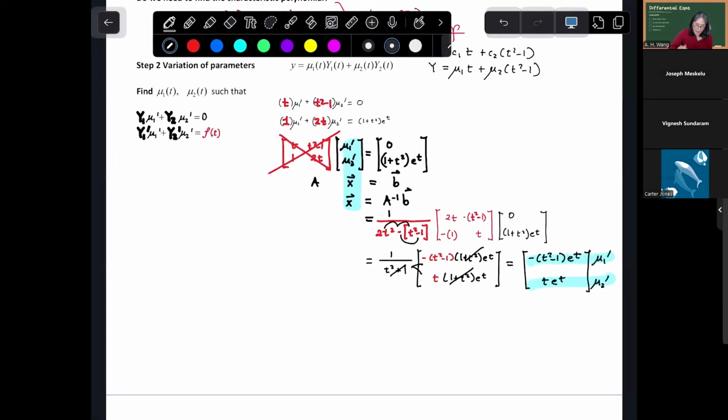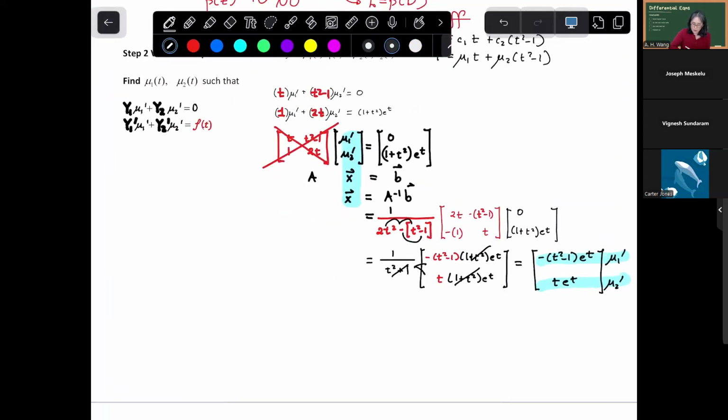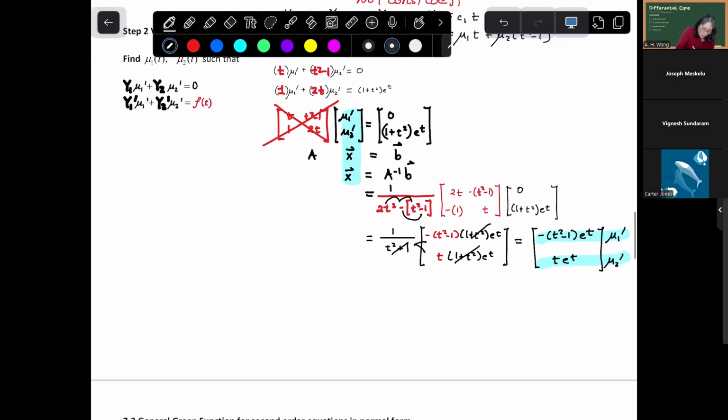Okay. And now what you do is you go ahead and you say, here's the mu1 prime, and it is minus t squared minus 1. Let me write it out. Let me put the minus in front, e to the t.